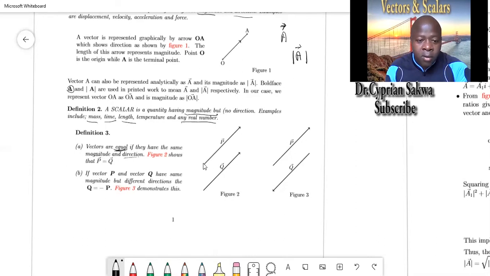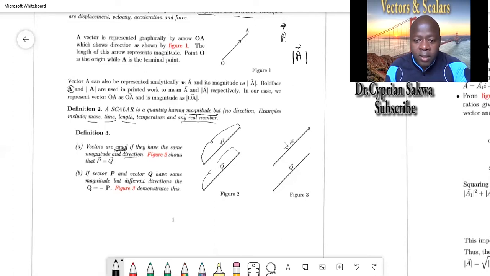Our vector P and vector Q are equal vectors because the magnitudes are equal and the direction is also equal. For the magnitude, we are just looking at the distance from this point to this point, which is the same as the distance from this point to this point. That is the magnitude. And then they are also facing this direction. So these two vectors are equal.